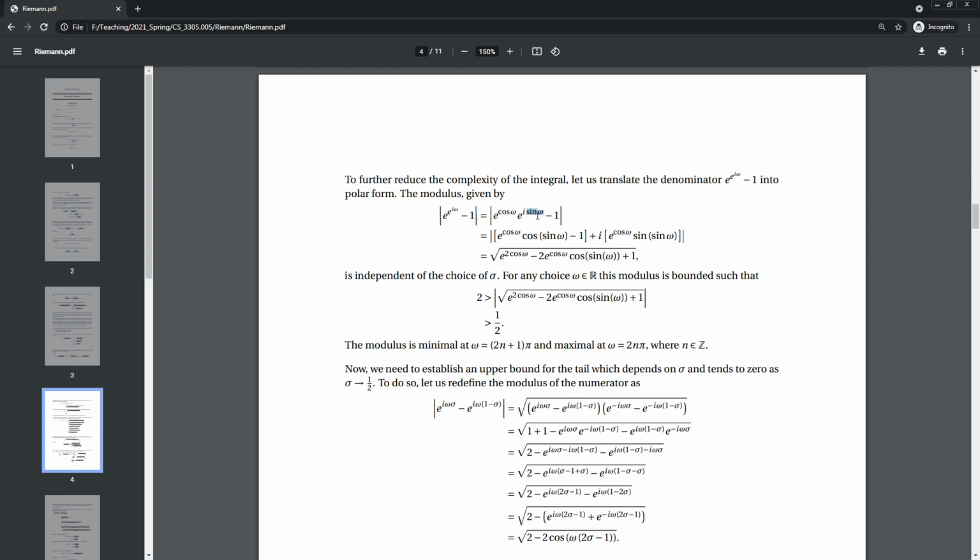So this breaks into cosine plus i sine. We do that step here, and this is still e to the i sine of omega, so again it breaks into cosine plus i sine, but sine omega is in the exponent, so that becomes the input variable for cosine here. And then there's the plus i sine, so that comes in over here, sine of sine omega. So we have this composite function call.